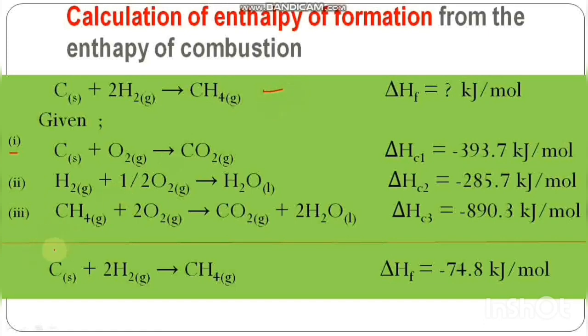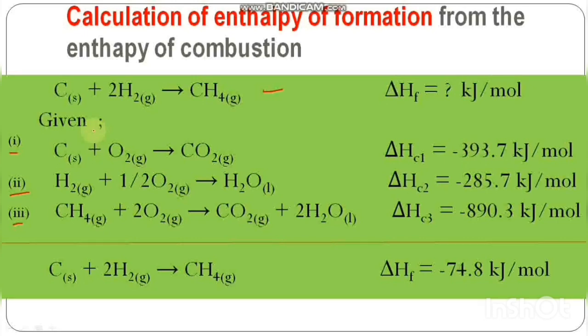Second reaction, hydrogen plus half oxygen forming water. Enthalpy of combustion delta HC2 is equal to minus 285.7 kilojoule per mole. Third reaction, methane plus 2O2 forming carbon dioxide and 2 water. Enthalpy of combustion delta HC3 is equal to minus 890.3 kilojoule per mole.